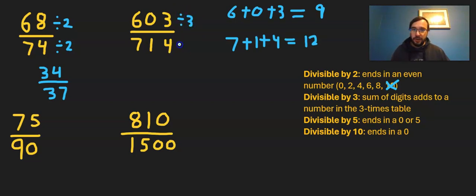So if you don't know where to start with a crazy number like that, you can do something like this and see if 3 works, because 3 is kind of a tough number to catch sometimes when simplifying fractions. So we could just simplify this by 3. 603 divided by 3 is 201.